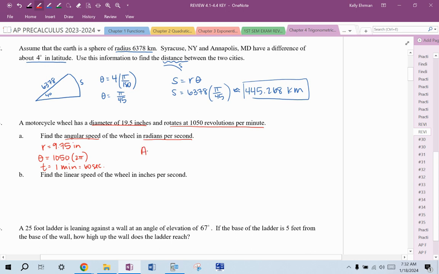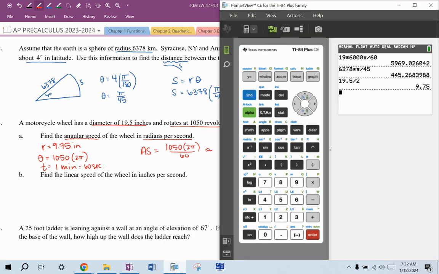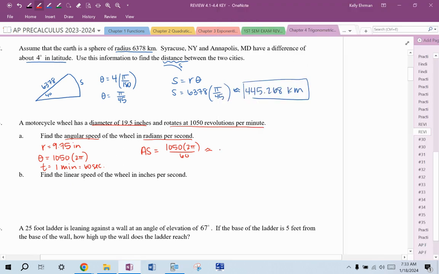So the angular speed should just be 1050 times 2 pi divided by 60. So that's 109.956. And then that measure is radians per second.